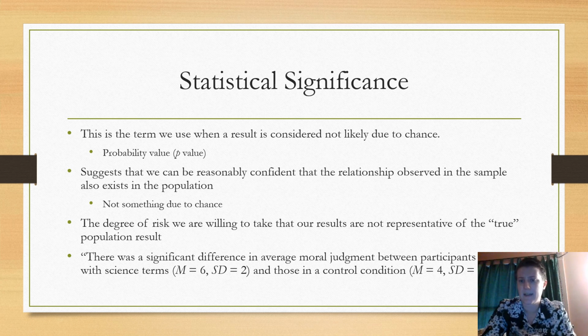So when we perform inferential statistics to help us determine if we have statistical significance or not, this is how we might report it. And we need descriptive statistics not only to report it, but also to plug into our formula to conduct our appropriate inferential tests.